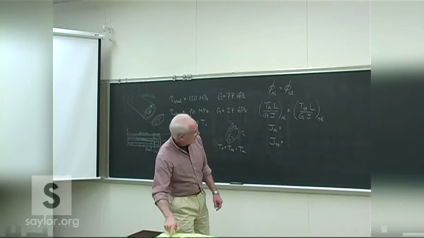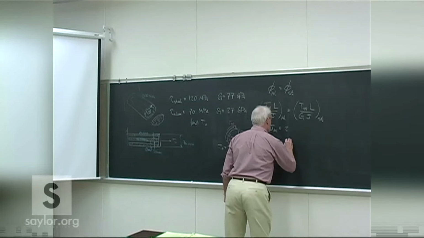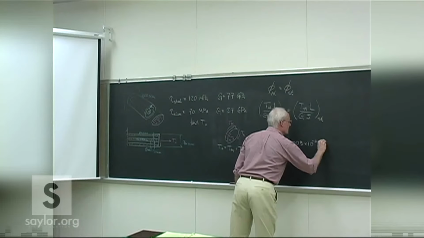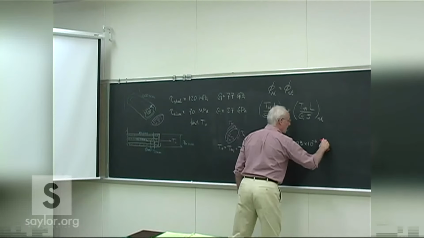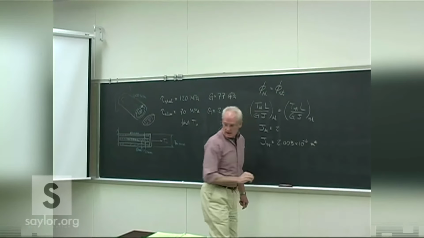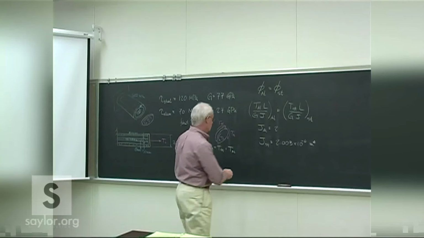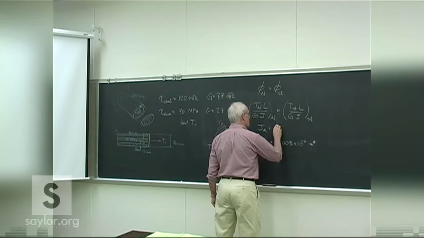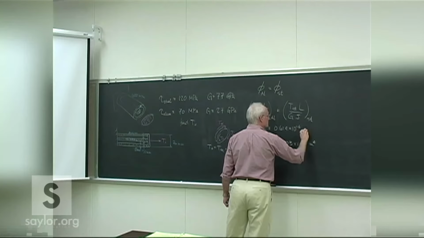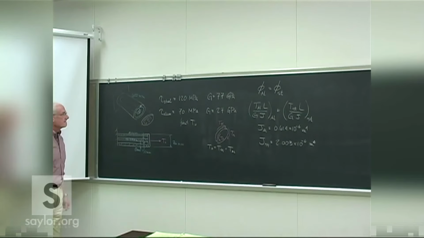I see what I need to do. The steel is 2.003 times 10 to the minus 6 meters to the fourth. And the aluminum is 0.614.